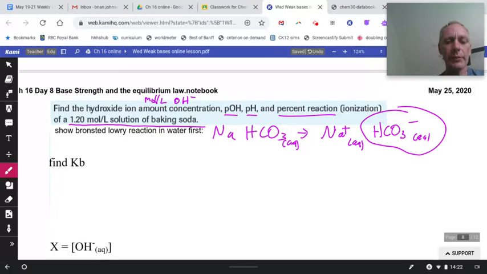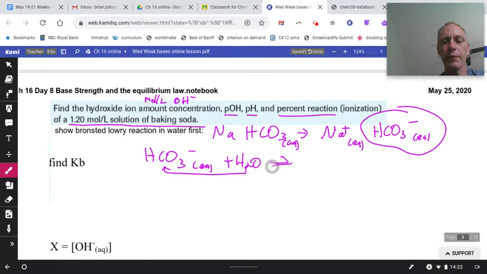So I'm just going to show how that acts as a base. HCO3 minus in water accepts a proton from some of them, a small percentage, to make H2CO3 and hydroxide. So there's its conjugate acid for the weak base. Okay, find Kb.